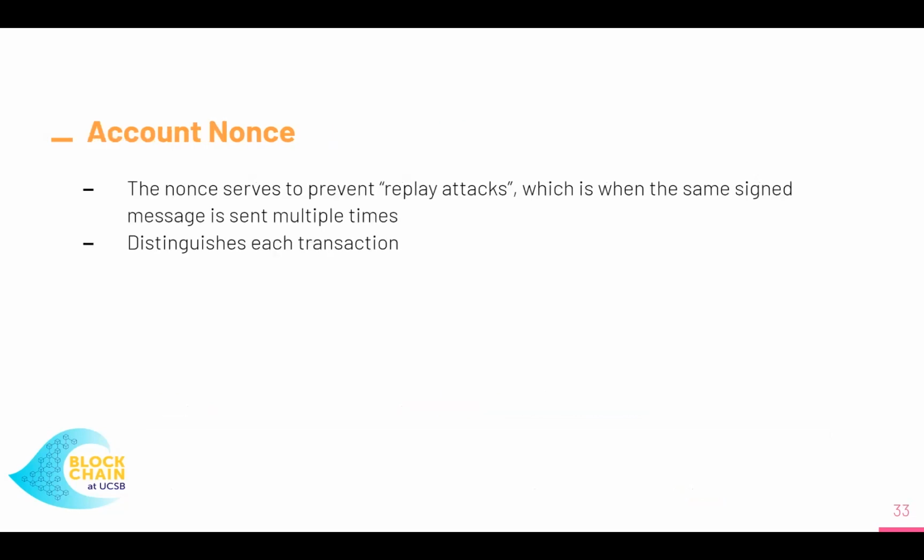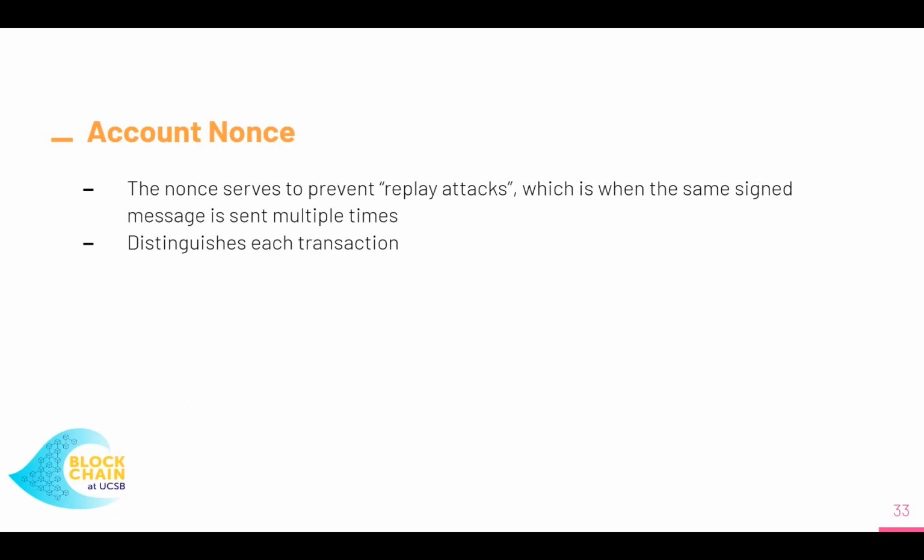The account nonce, right? Every address in Ethereum has its own associated nonce, and every time this address sends a transaction, the nonce gets incremented by 1. And this just makes all of the transactions that the account sends unique.